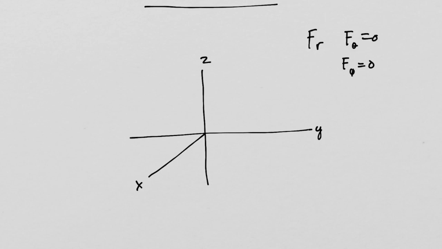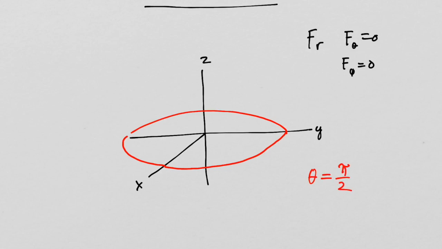And if that's the case, there's no way an orbit can change from one plane to another. So once a body is established to be moving in a certain plane, it must stay in that plane, right? So we can propose that this orbit here would be in the theta equals pi over 2 plane, and it'll never leave.